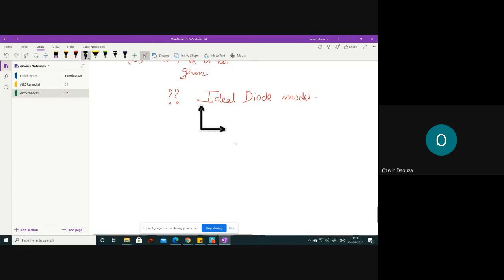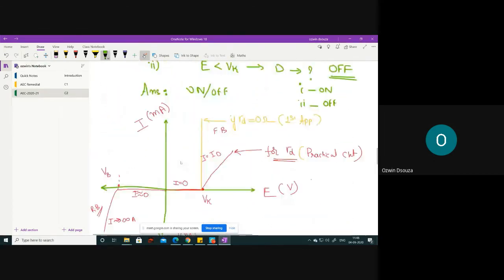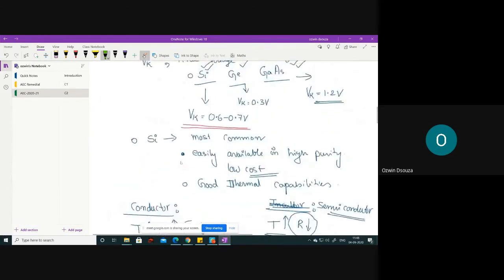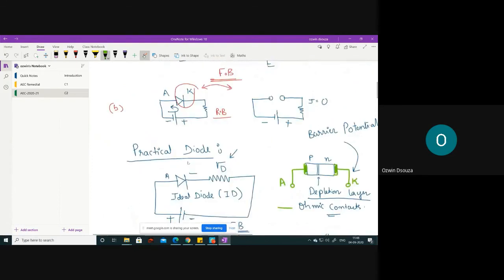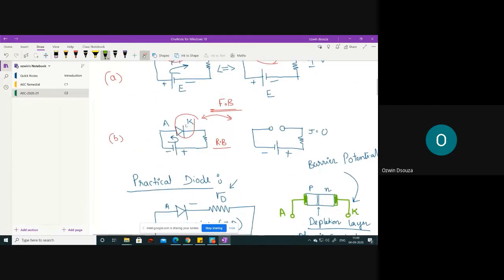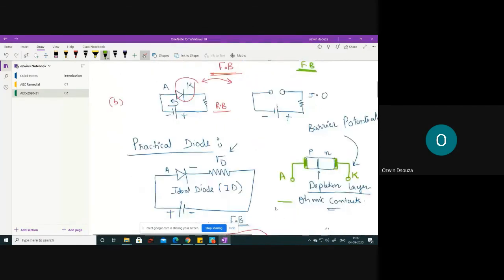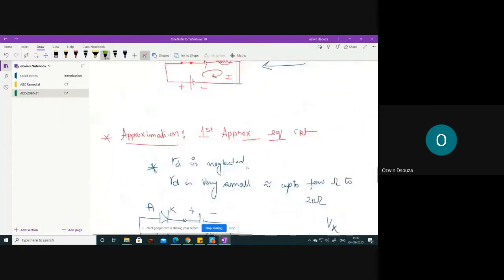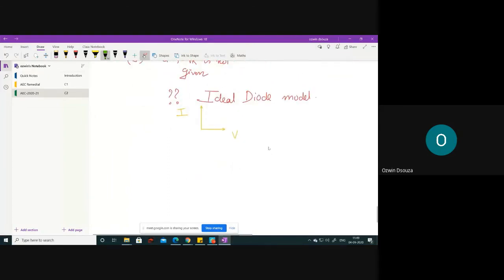In case of the ideal diode model, can anyone help me in plotting the characteristics? So this is V and this is I. For forward bias, this is your ideal diode, and there is no resistance whatsoever.